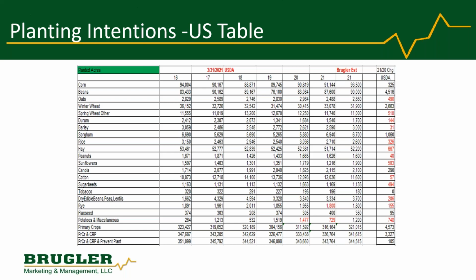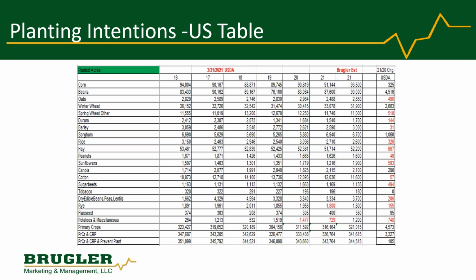So to my way of thinking, there's 4 to 5 million acres missing here that can show up at a later date. It seems particularly unlikely that we would be that low on acreage, given that we are at 5 to 7 year highs in prices. Producers have more incentive to plant this year than in any of the other years since 2013, 2014.